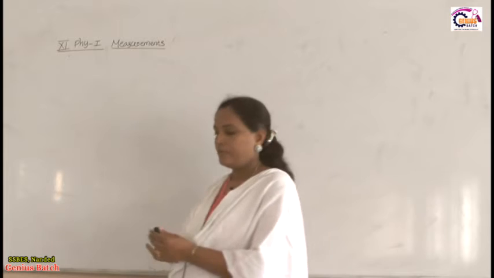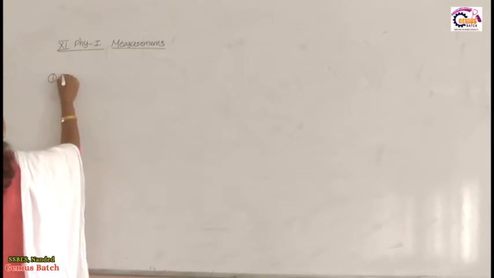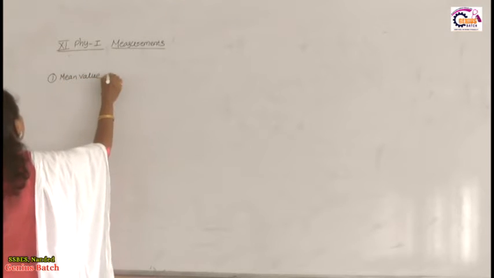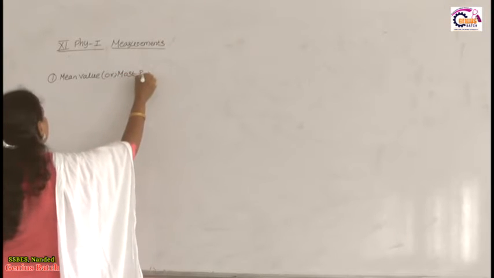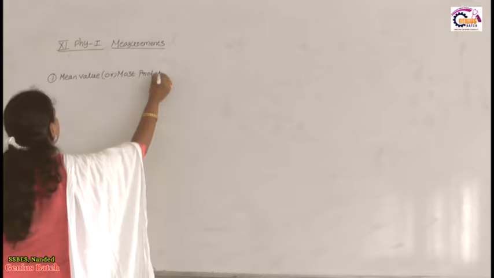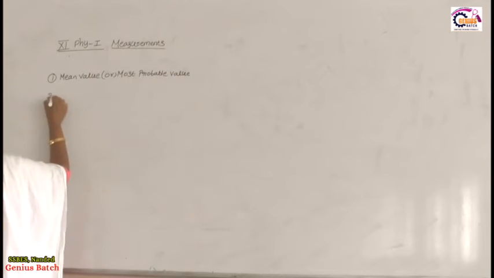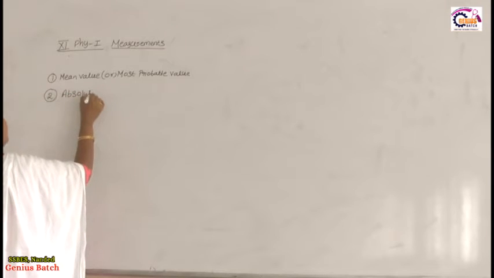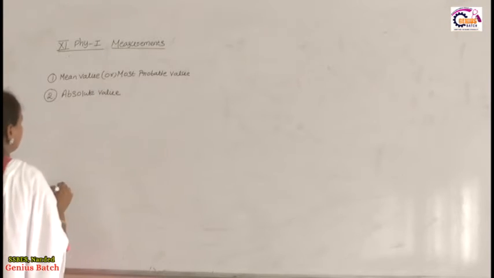The first point is the mean value, or else it is also called the most probable value, and the second one is the absolute value, or it is also called the absolute error.